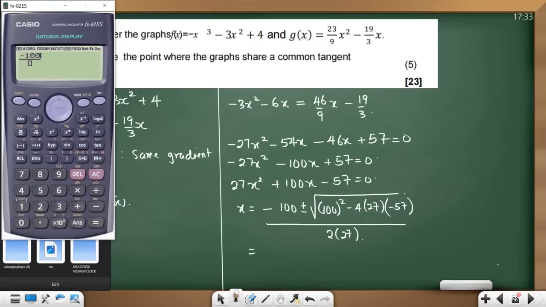Minus b plus the square root of 100 squared minus 4, please, bracket, very important, minus 57, over 2 times 27. Alright, we have 0,5 and negative 4,2.